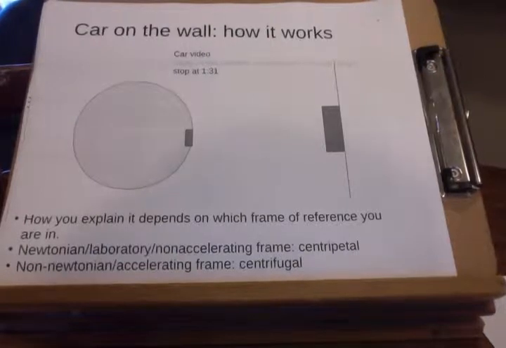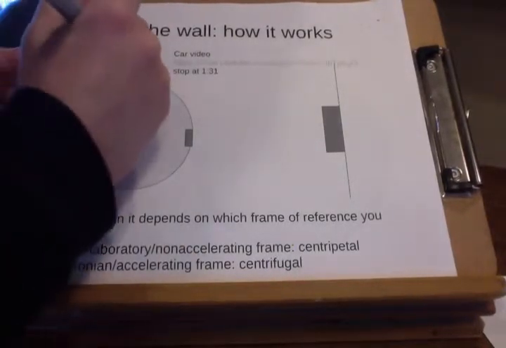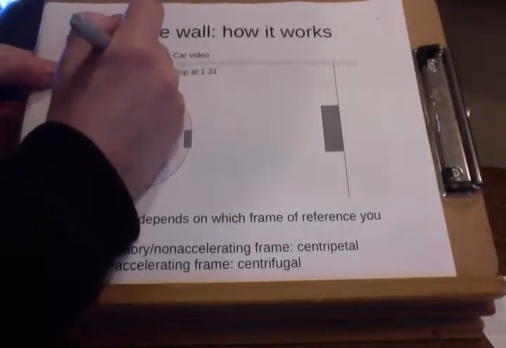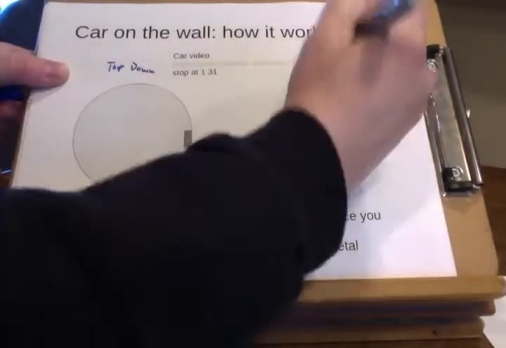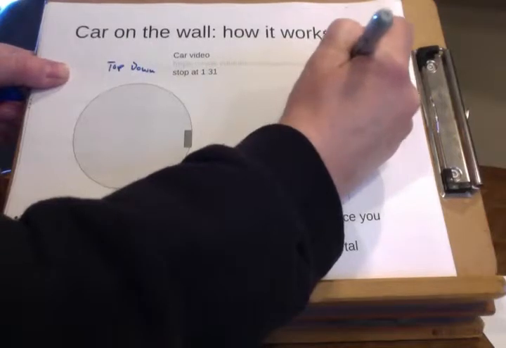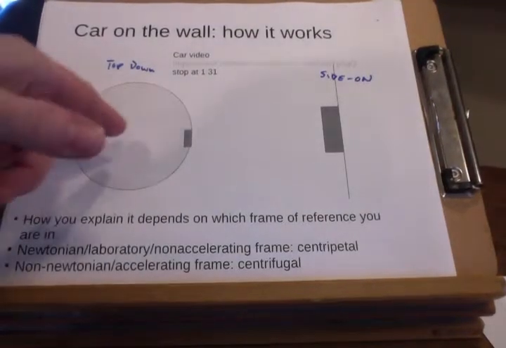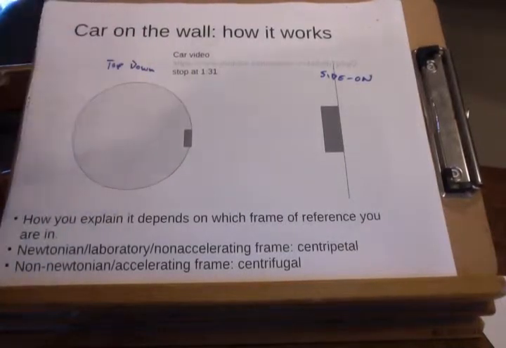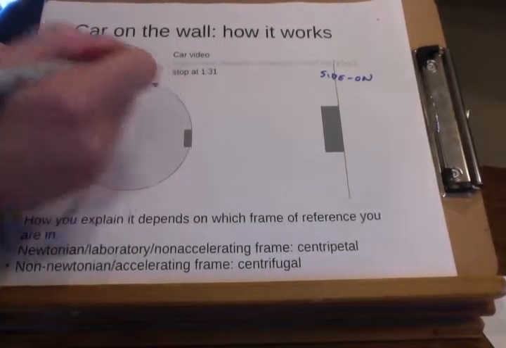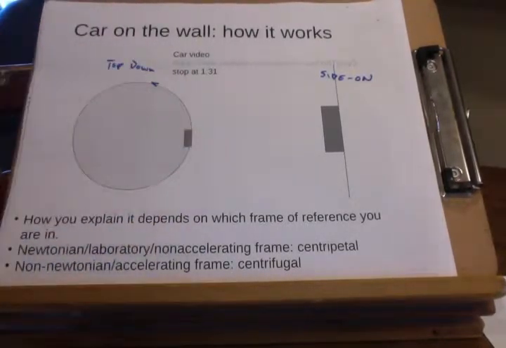So we have a couple of ways we can think about this. This is our top-down view. And this would be a side-on view. So in this view we are, say, a drone flying over the wall of death. The car is going around the circle in this direction and we're seeing it from the top.